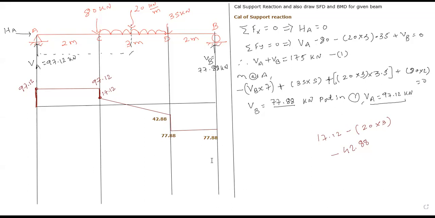So our diagram will close. Yes or no? Any doubt? Let me know first. I hope it is clear. If you have doubt, you can raise your mic and ask. Is it clear or not? Please confirm fast.